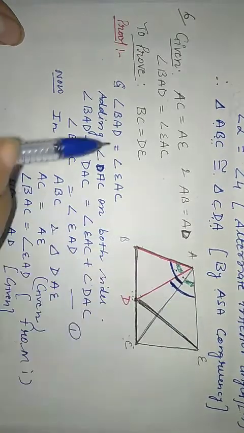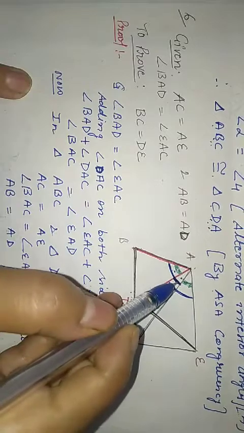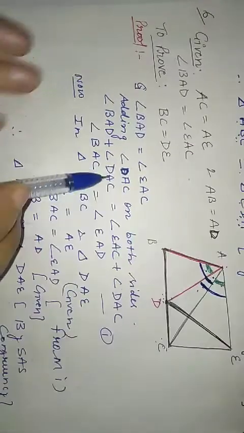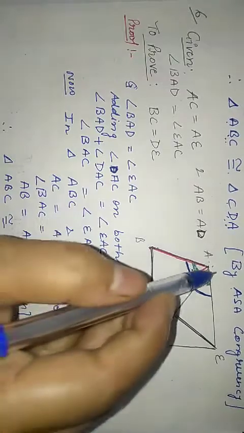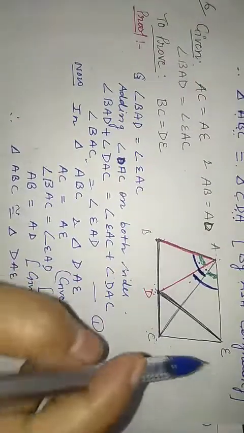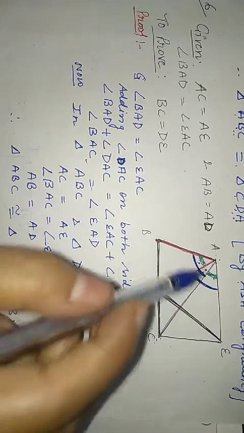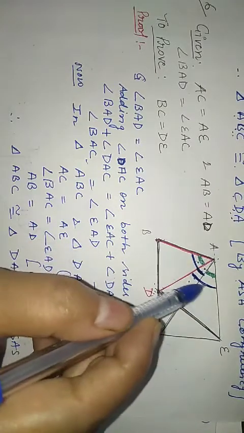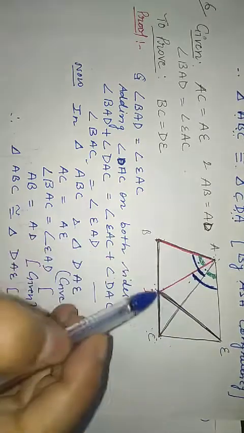So what we will do here, we will add angle DAC, this smaller part, on both sides. If we add BAD and DAC, we get angle BAC, this one, and if we add DAC to EAC, this complete angle becomes angle EAD.